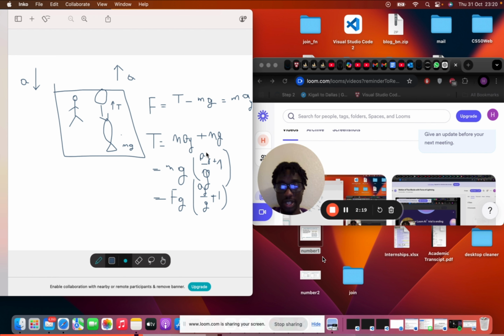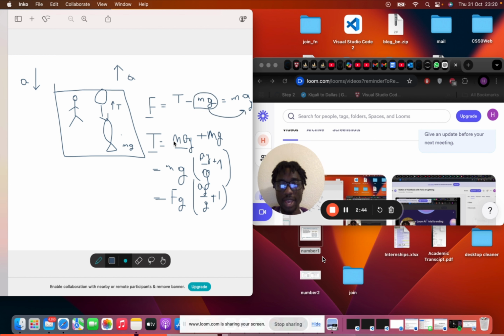Now I'm trying to simplify it. Sorry for my writing. The tension will be equal to mass times acceleration in y plus mg, because the mg over here will come to this side and become positive.